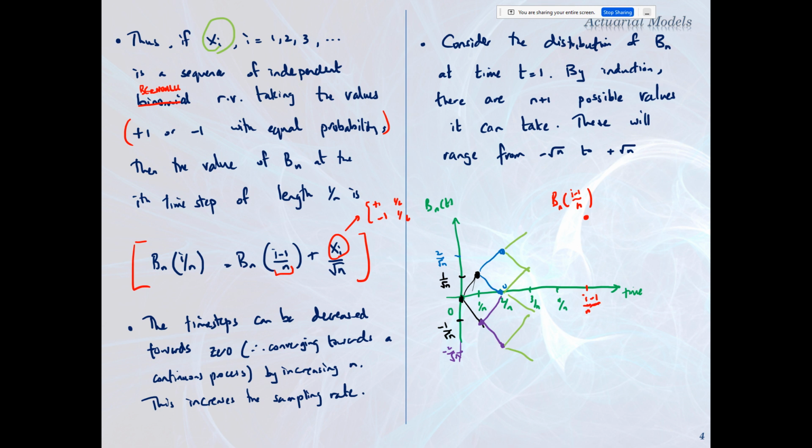So for the next time step now, let's say here is i over n. So what happens? Either this goes up to Bn((i minus 1) over n) plus 1 over square root n, or it goes down to Bn((i minus 1) over n) minus 1 over square root n. So what we have done is that we replace the xi by a random variable which is Bernoulli, taking value plus 1 or minus 1. Okay.